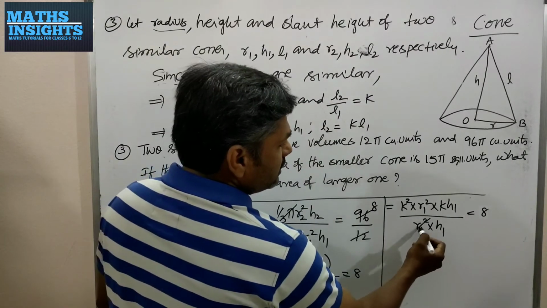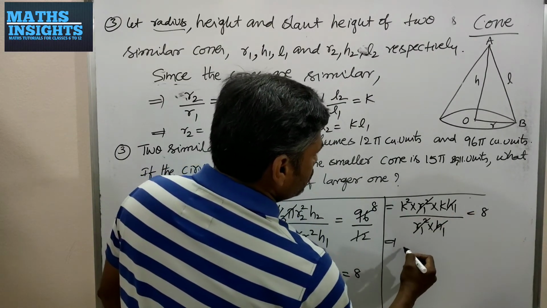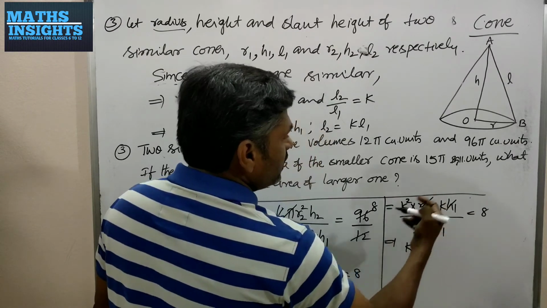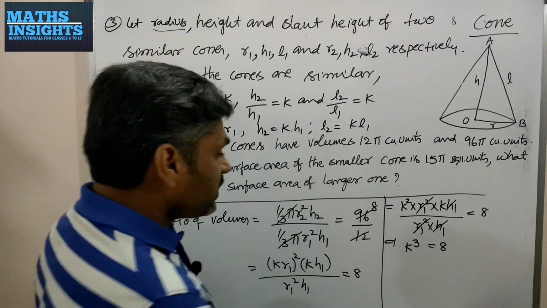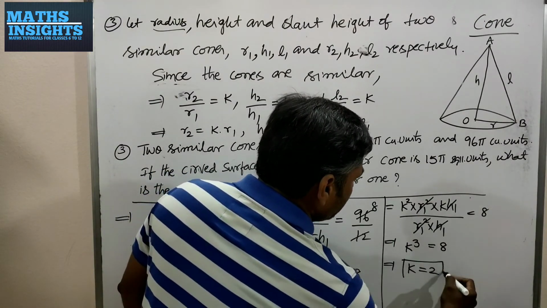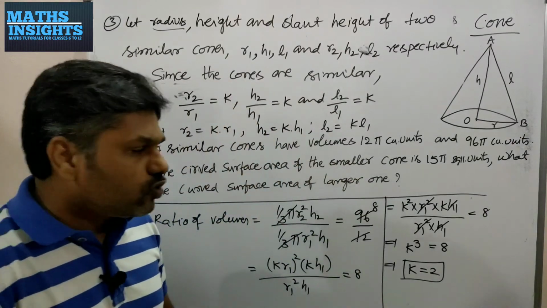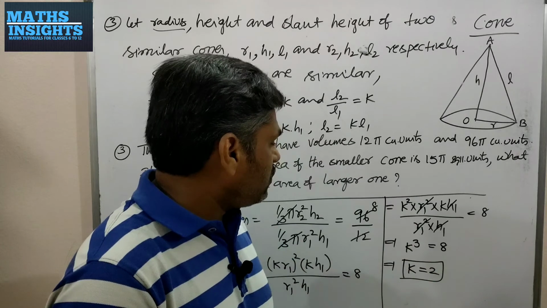So you may cancel this one and this one. That implies k cube, k square into k is equal to 8, and you will get the k value as 2. K is equal to 2. Why? Because 8 may be written as 2 cube. On both sides, if you cancel the cube, you will get the value of k.